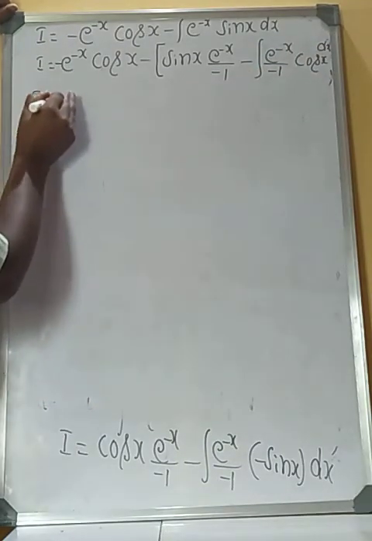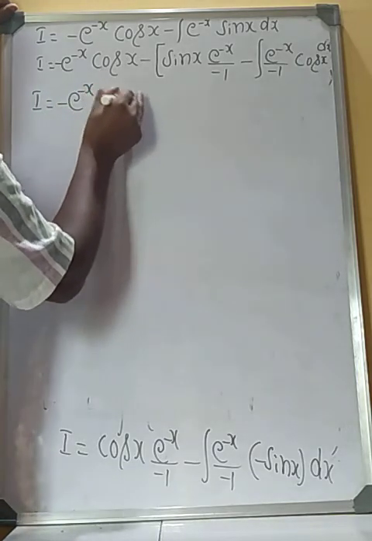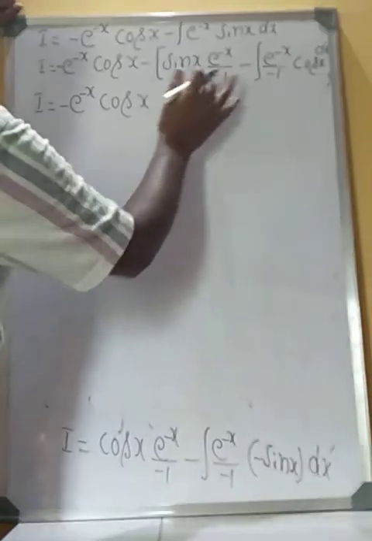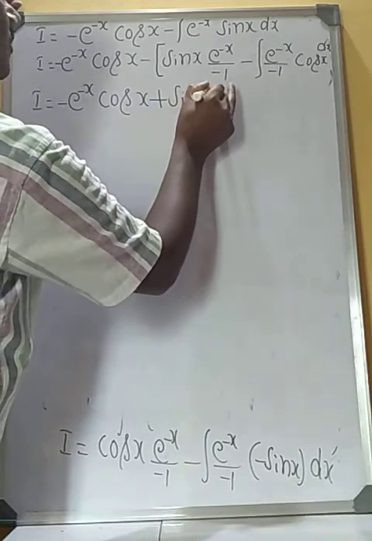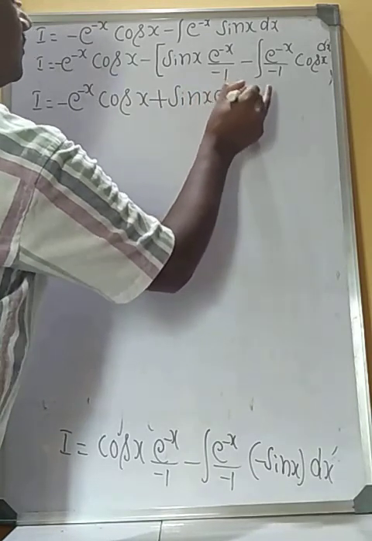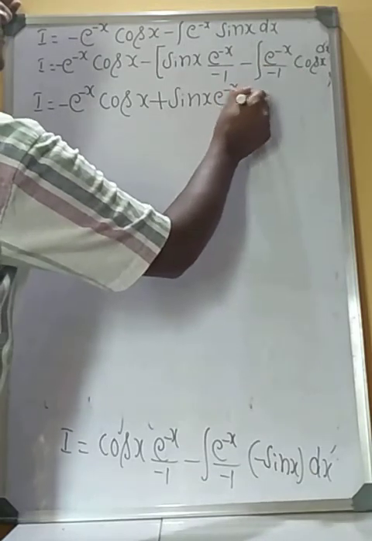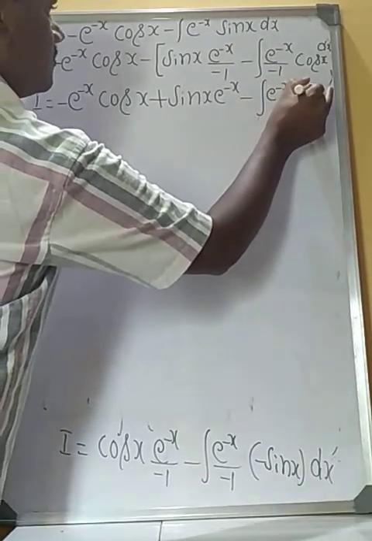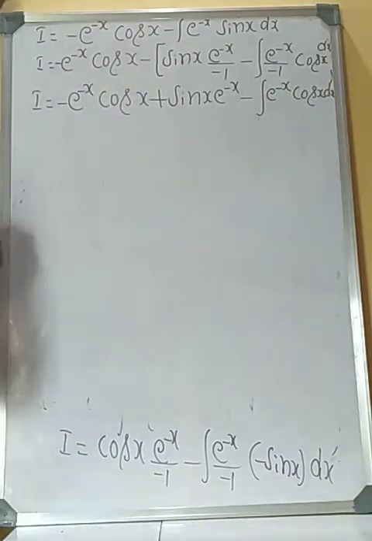Therefore, I is equal to minus e power minus x into cos x plus sin x into e power minus x minus integral of e power minus x into cos x into dx.